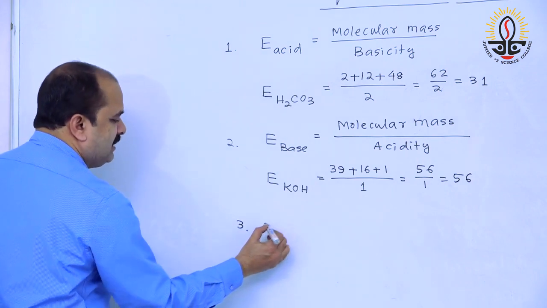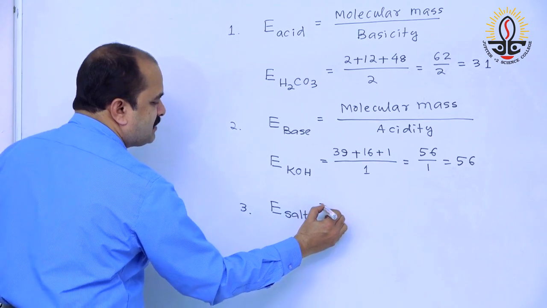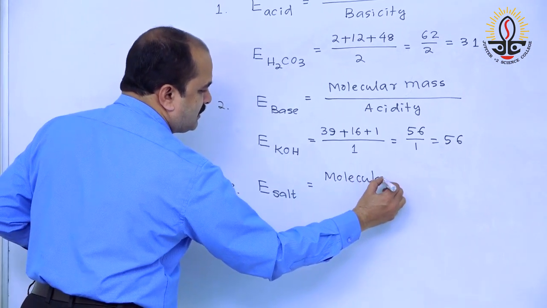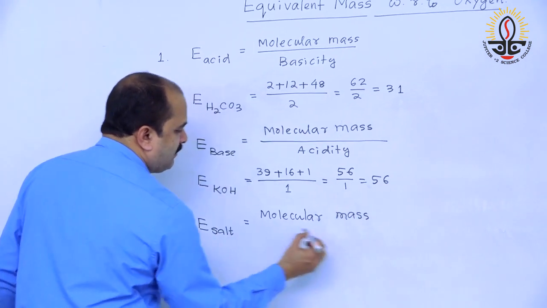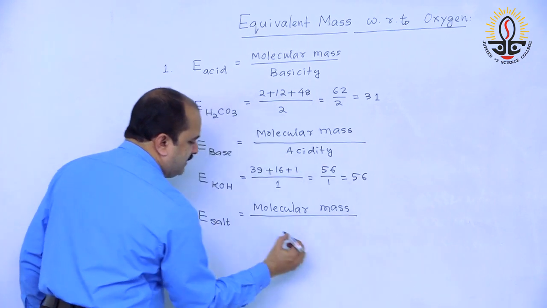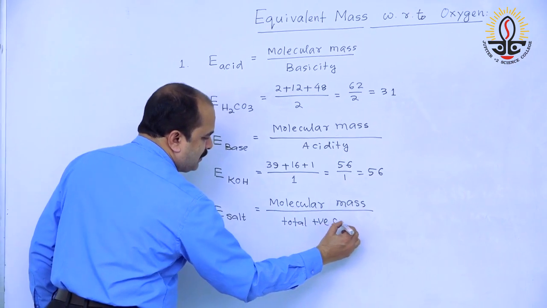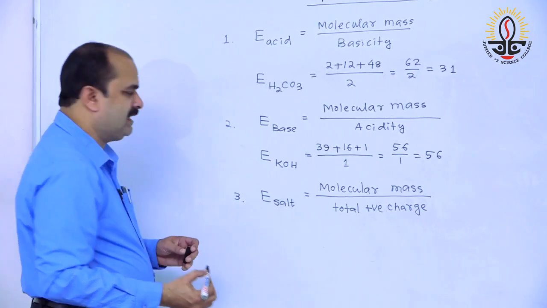Number 3 is equivalent mass of salt. Equivalent mass of salt is equal to the molecular mass of salt divided by the total positive charge, or number of metals times valency.